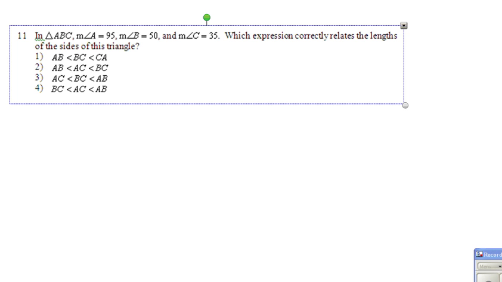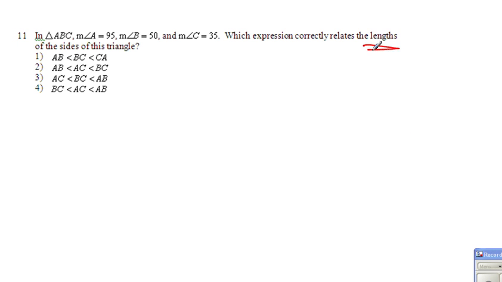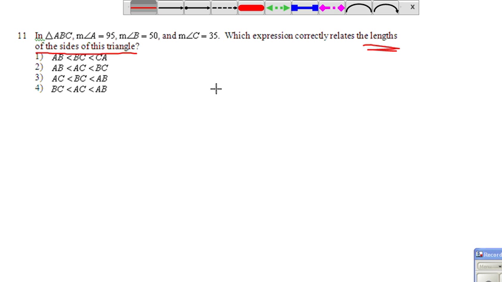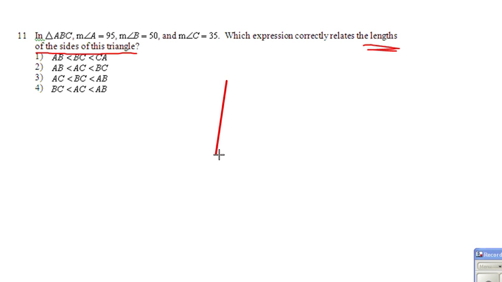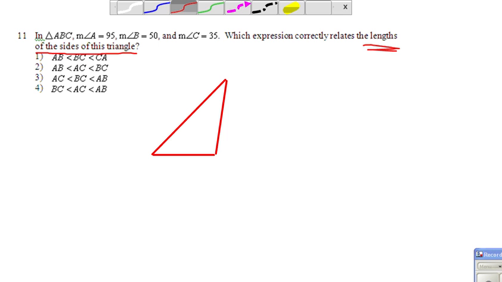Number 11. Length of these triangles' sides. This means the bigger the angle opposite, the longer the opposite side is. So if I have a triangle, I'm trying to make something look a little bit real.